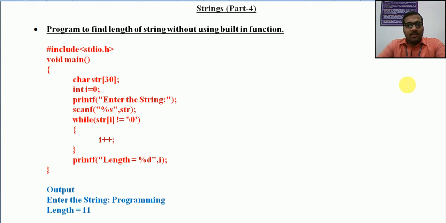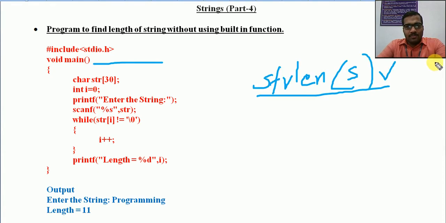Similarly, we will see one more example where we use a while loop. We declare a character array str of 30, then an integer variable i, which is used as the index of the string array.